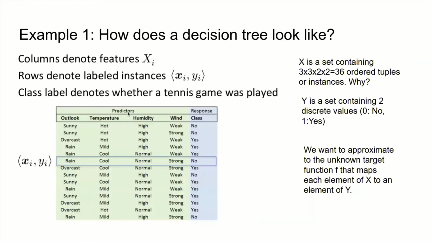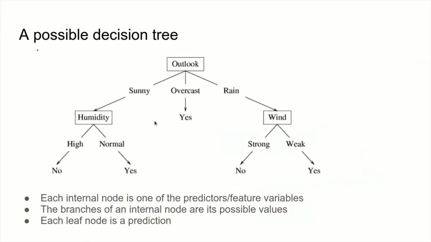For example, each internal node here is a feature. Humidity is a feature, and wind is another feature. So each internal node is a feature. That's it. And each feature, or each internal node, could have branches. The branches of an internal node are all its possible values.